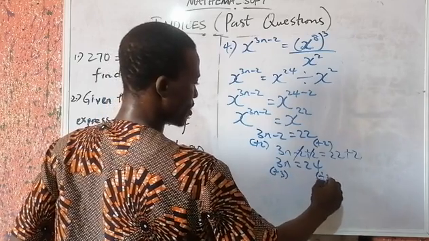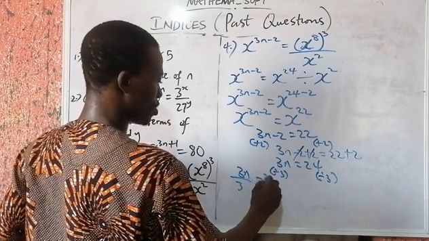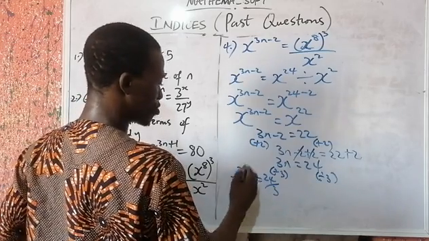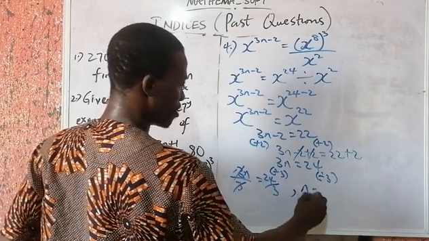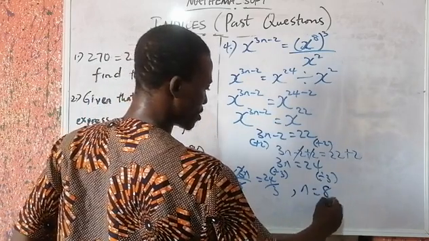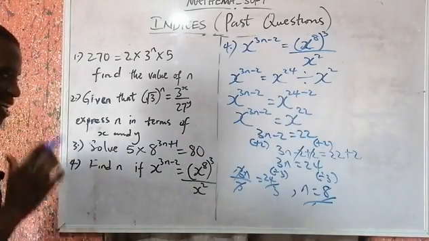Divide both sides by 3. That will be 3n over 3 equals 24 over 3. 3 cancels 3, and then we have n left equals 24 divided by 3. That will give me 8. Therefore, my n is equal to 8.